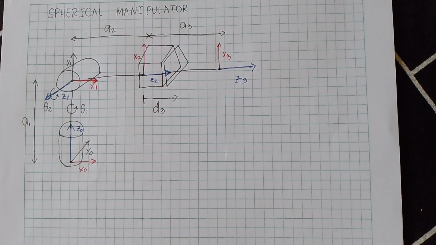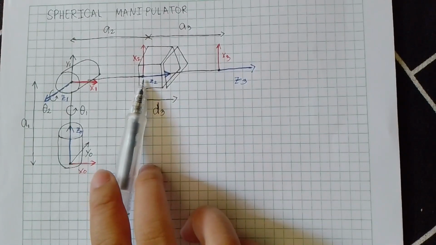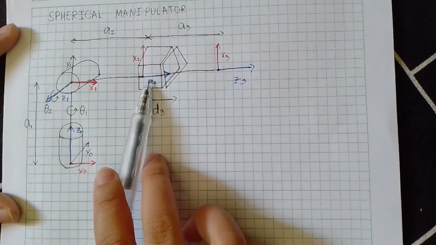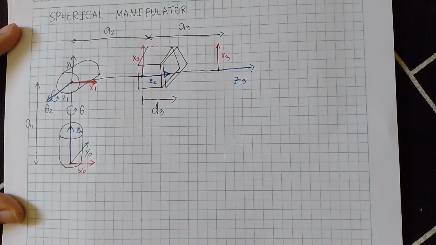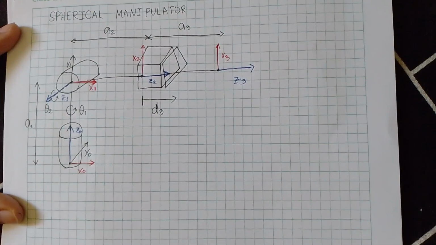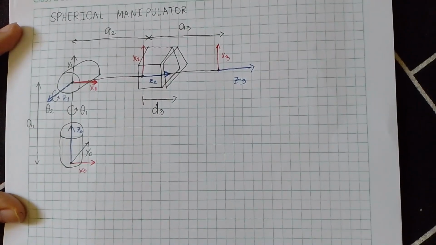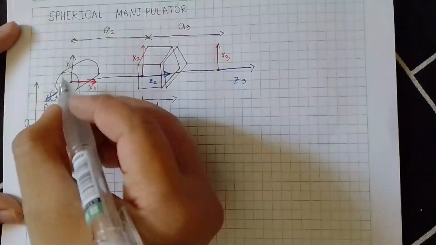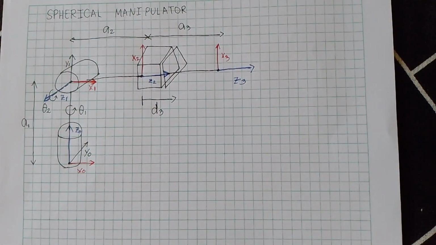We can see that in this row I forgot, in rule 3 we should move x sub 2 and z sub 2 in this one to this, translating.